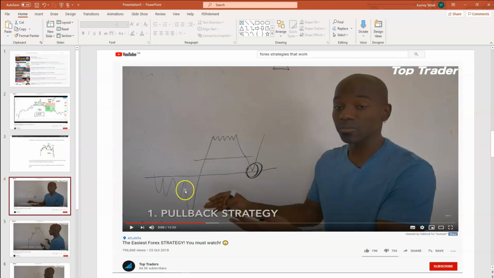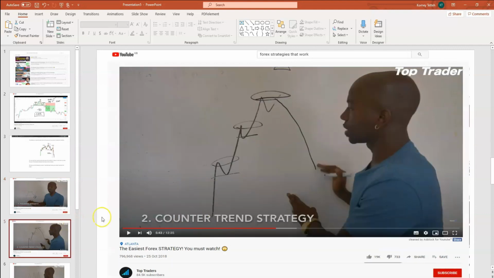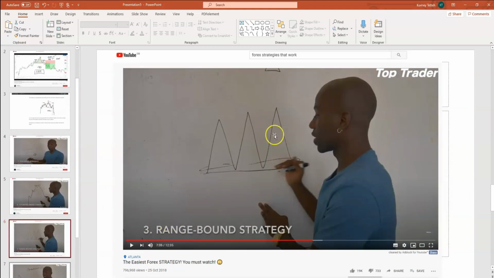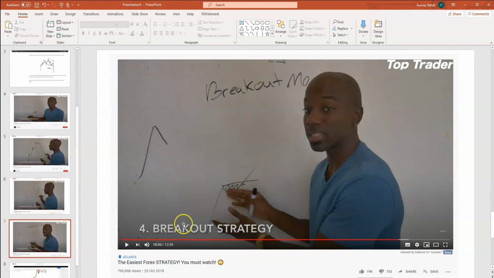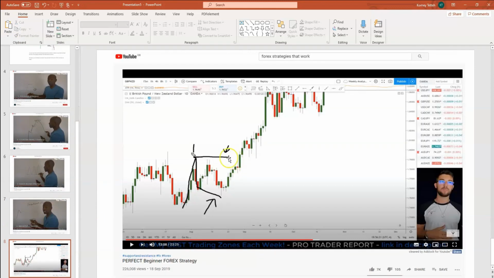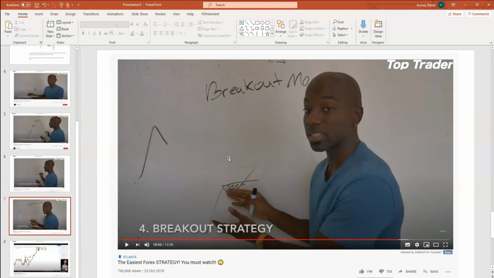So this is a pullback strategy. A market breaks, it comes down, retests, you buy. Here we go, counter trend. Then we have range bound strategies, and then breakout strategies. Again, all nonsense if you don't know what really moves price.